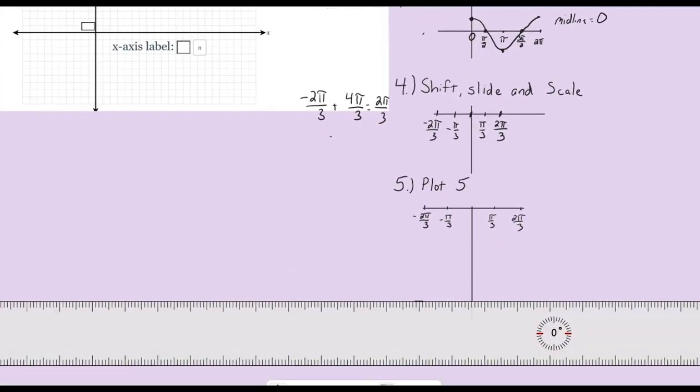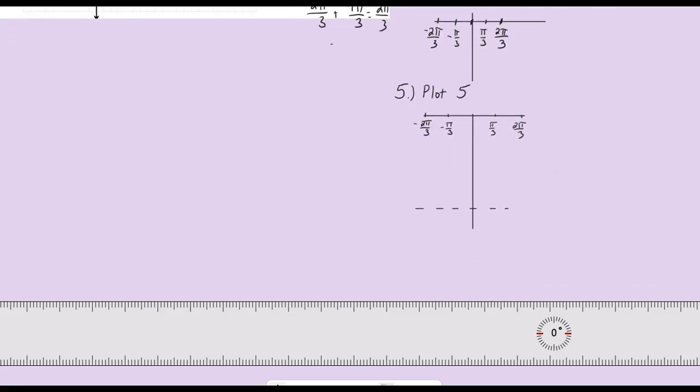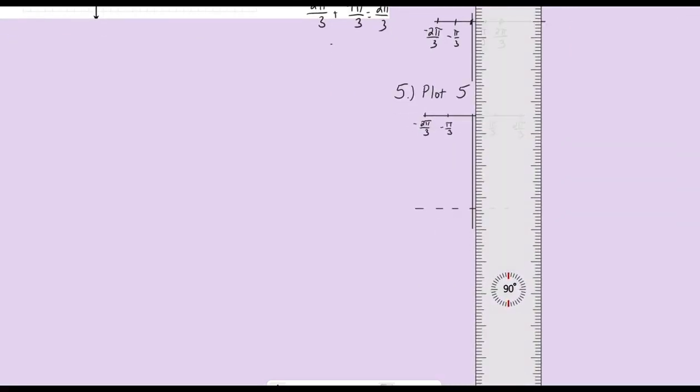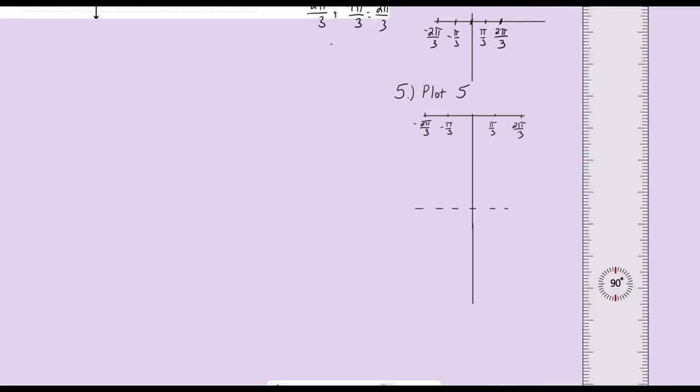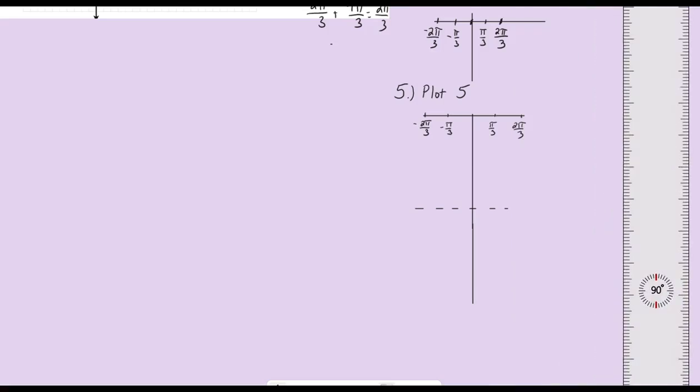Let's do this right here. Probably have to extend this a little bit. That's not a problem. Alright. So now we've got the midline here at negative 16. And where's the maximum of the graph going to be?